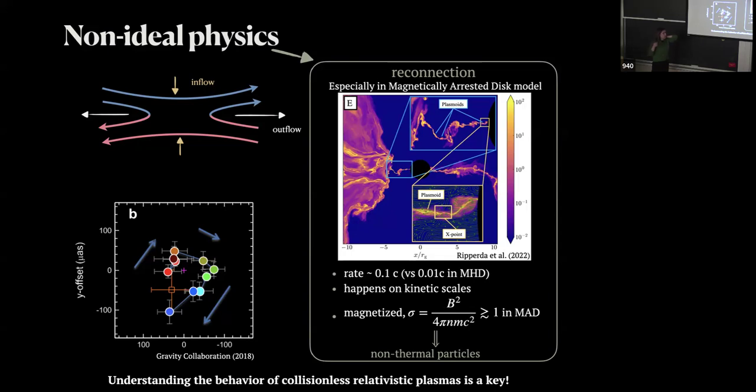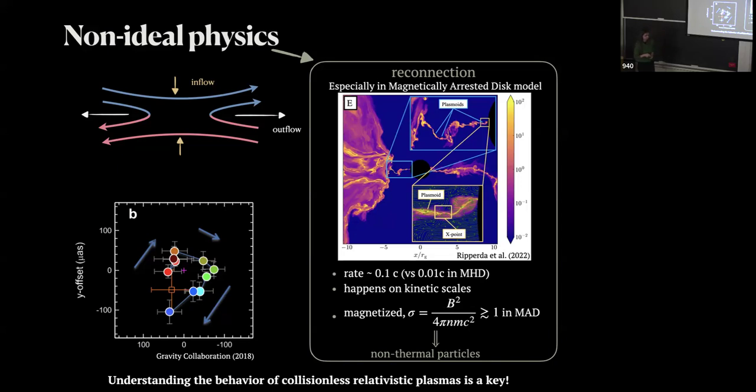But also, when you have collisionless, kinetic plasma, you have particles, and when the plasma is sufficiently magnetized, when the sigma parameter is of order 1 or larger, which is true for magnetically arrested disk simulation models, these reconnection sites can actually lead to non-thermal particles. They accelerate particles. And this reconnection process is believed to be connected to the flares of Sagittarius A star.